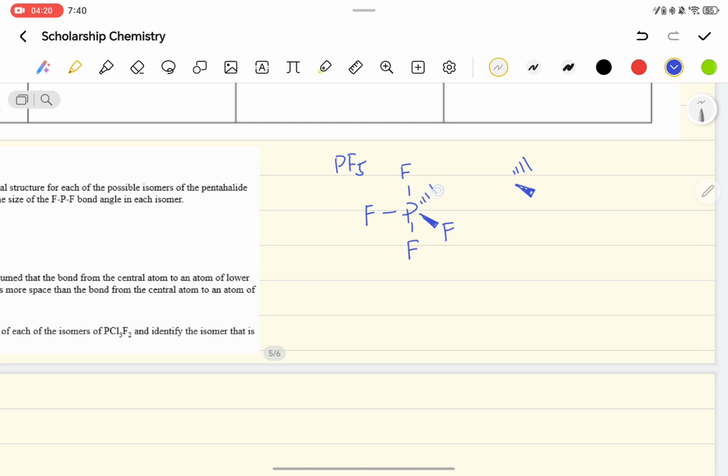This goes into the page. And you can see that it's kind of like a 3D drawing, right? These three are occupying the equatorial positions that go around the P atom, and these two above and below occupy the axial positions.